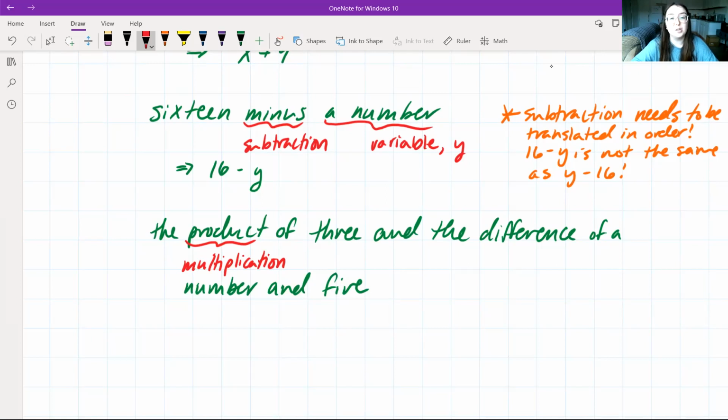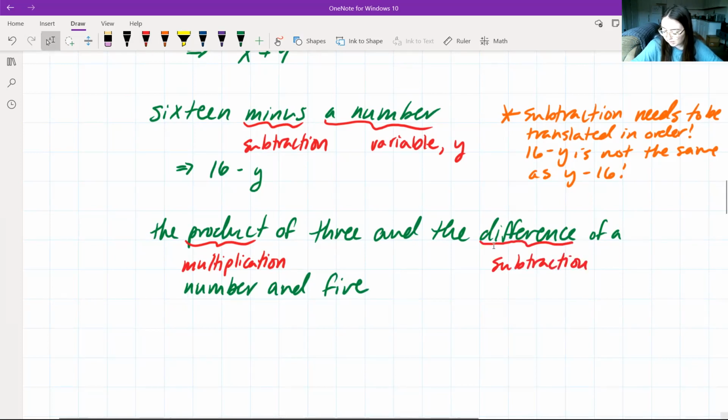We have a few ands here. But the key thing is that our product is separated now by another phrase indicating another operation. And the difference is subtraction.